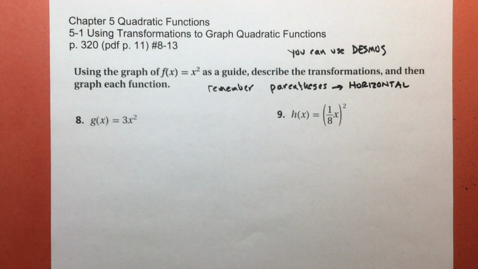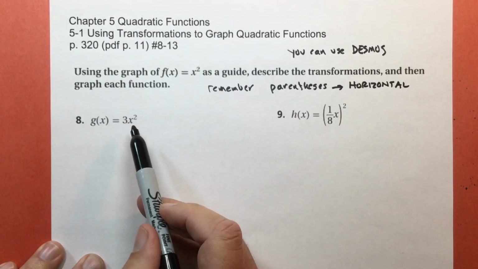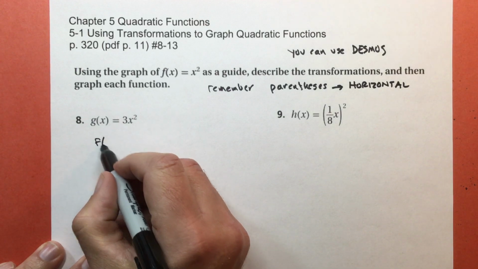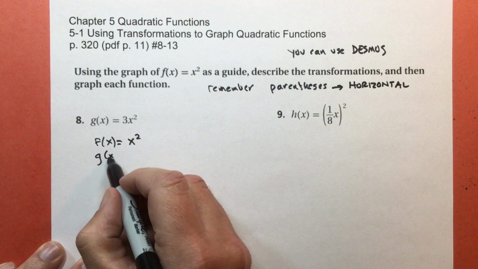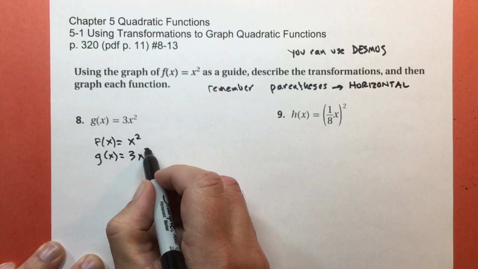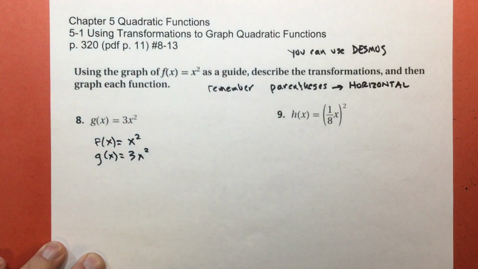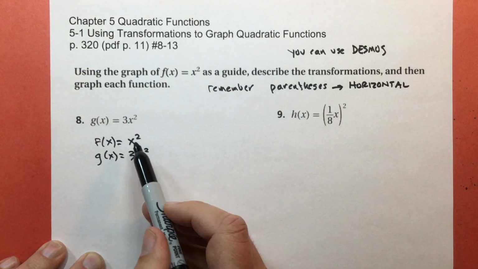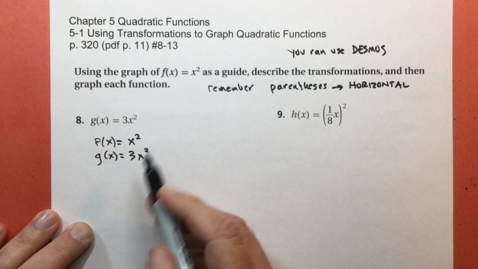All right, so we have the original parent function f of x equals x squared. What do I do with x squared and I end up with 3x squared? Well, I'm going to multiply by 3. Which transformation takes my function, which is x squared, and multiplies it by a number?